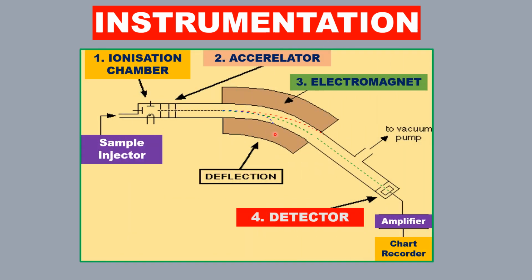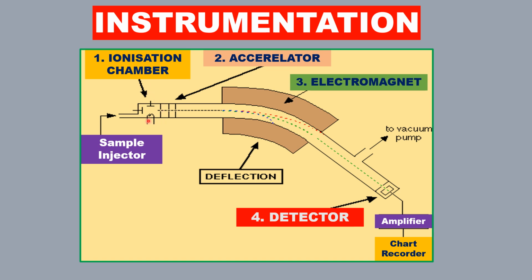Let us now see its instrumentation. This is the experimental setup for mass spectrometry. It consists of four major parts. One, the ionization chamber.